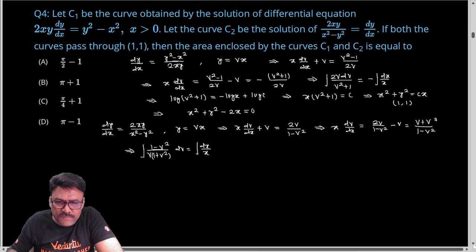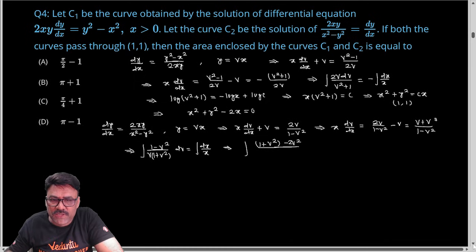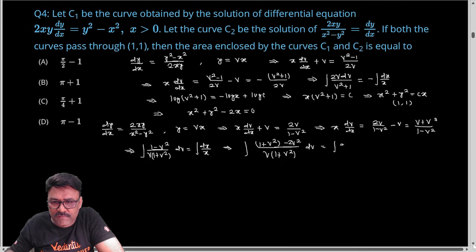On the left side, I can write the numerator 1 minus v square as 1 plus v square minus 2v square, over v(1 plus v square), dv equals dx by x.